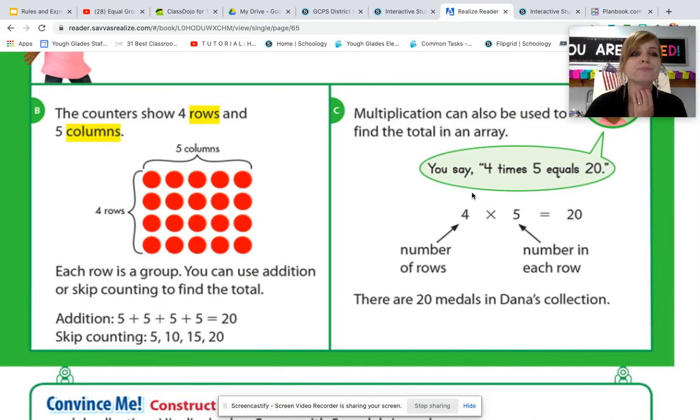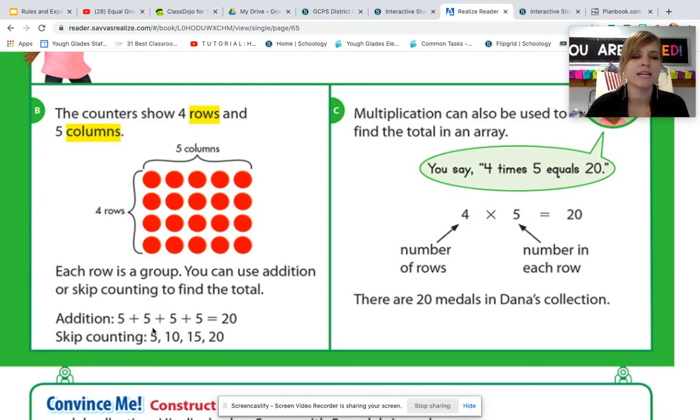And so in this model, they made a repeated addition sentence telling us, hey, we could also use multiplication to solve this problem. But they solved the problem using repeated addition first. So 4 rows of 5 is the same as saying 4 groups of 5.